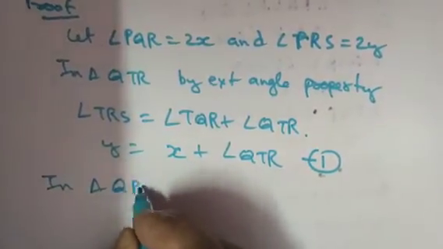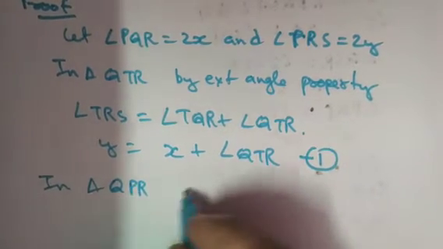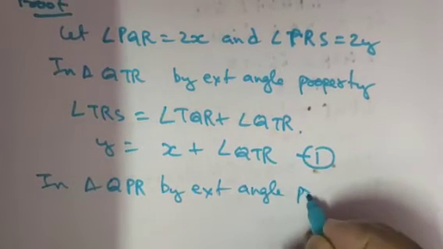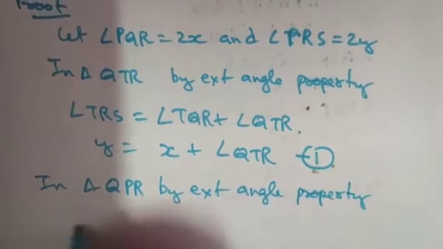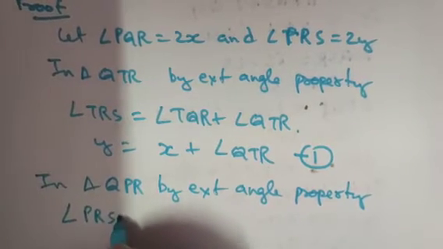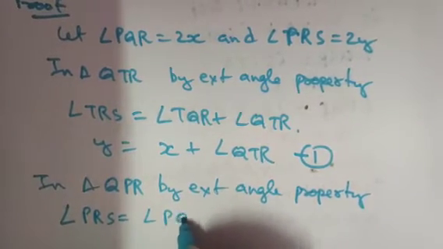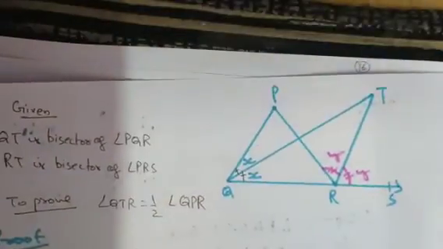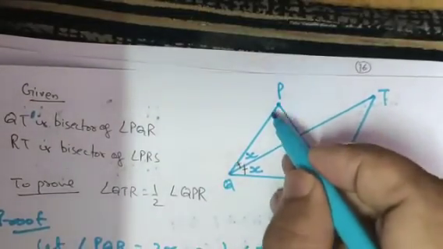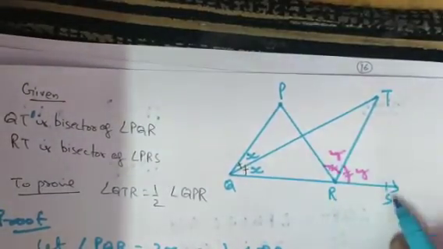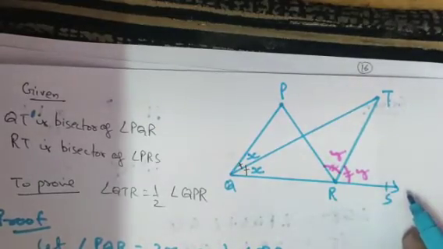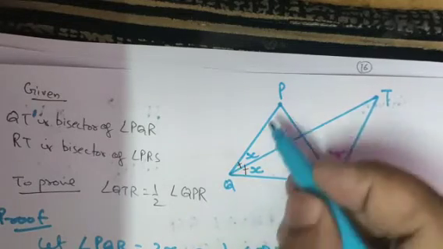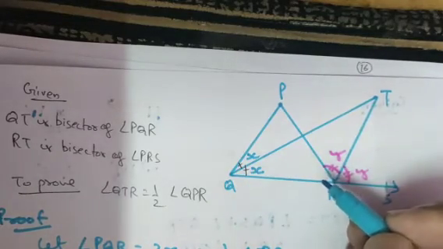By the exterior angle property in triangle PQR, the exterior angle PRS will be equal to angle PQR plus angle QPR, that is 2x plus angle QPR.